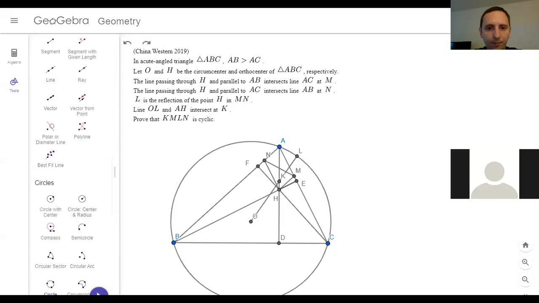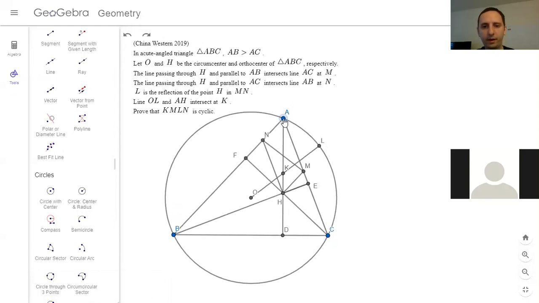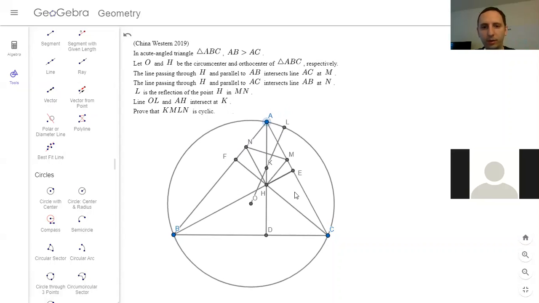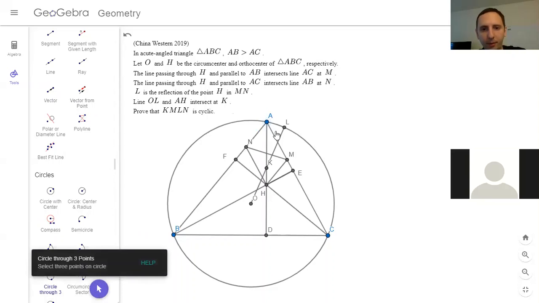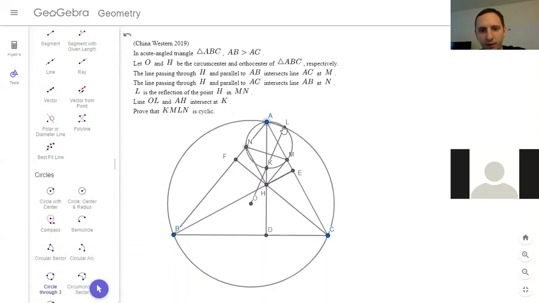Let's first try to prove that L lies on the circle, which feels true. It feels like some spiral similarity stuff.